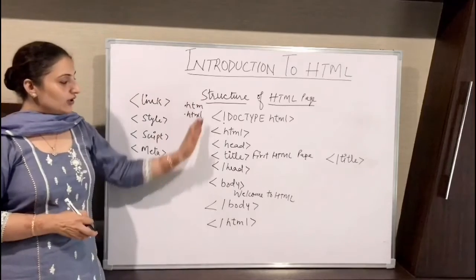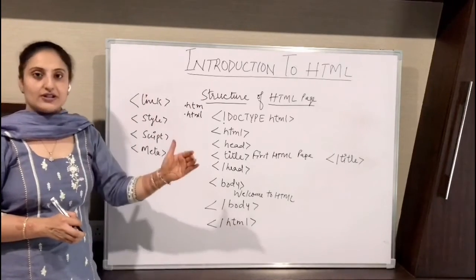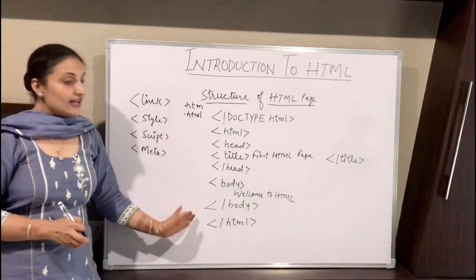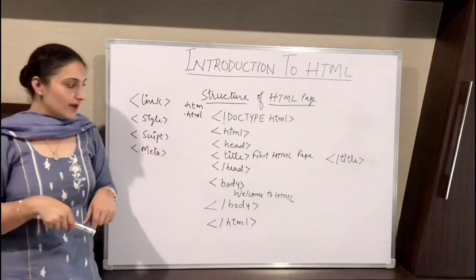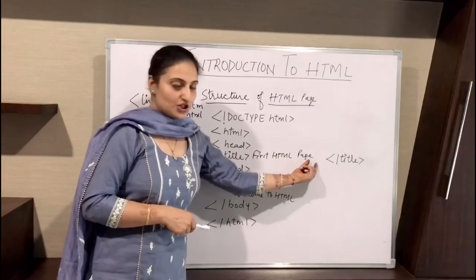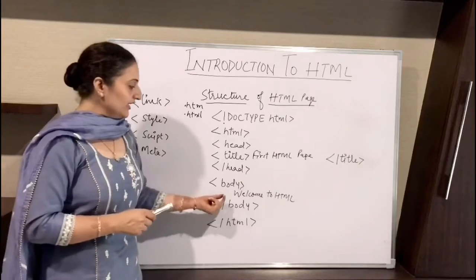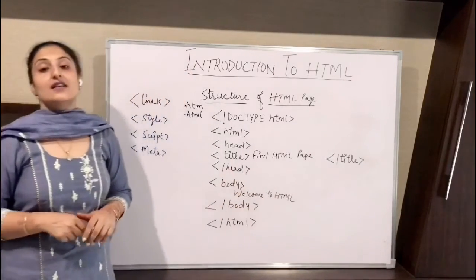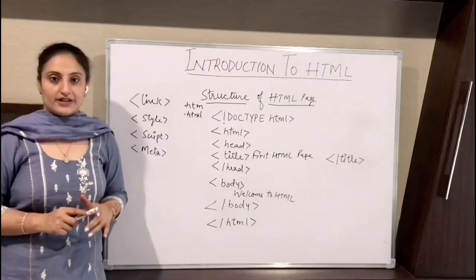Now we have written the whole code in Notepad, and after that save the file with this extension, and then this file is opened with the help of web browser, and then a window comes. The title of the window is first HTML page, and the body contains one line only, that is welcome to HTML. This is how you can create a simple HTML document.